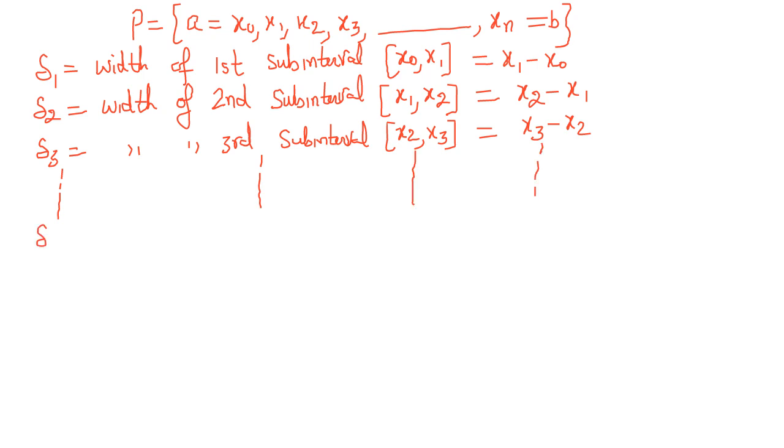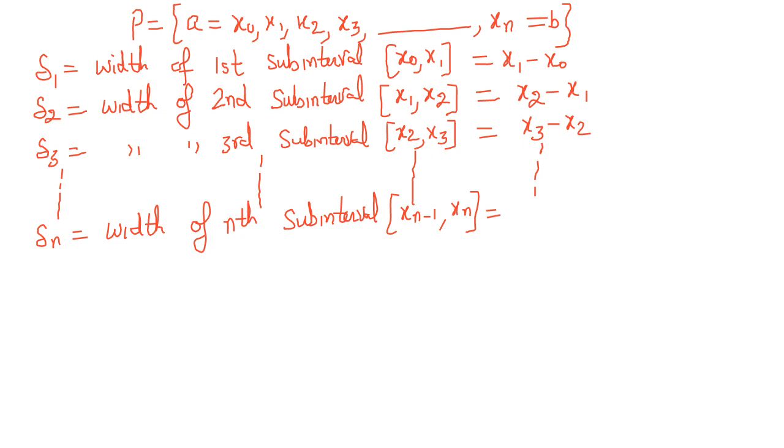So delta n, that is the width of the nth subinterval x_{n-1}, x_n, is xn minus x_{n-1}.